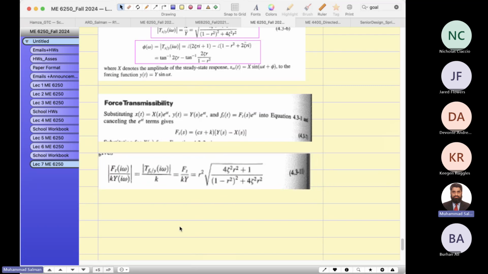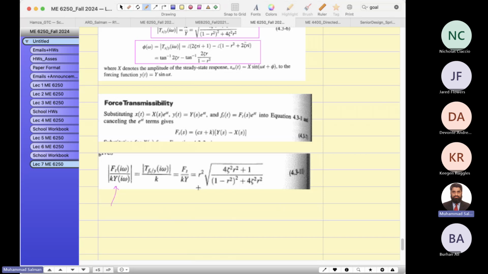So this is now the transmitted force. Like if you are a passenger, the transmitted force is coming from the road, a bumpy road. If it is a car, it can be some other case like a washer and excitation. So it can be different applications.